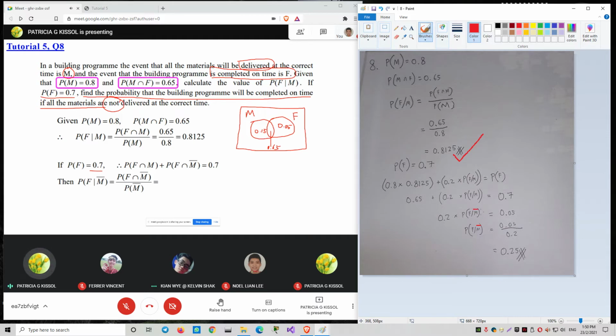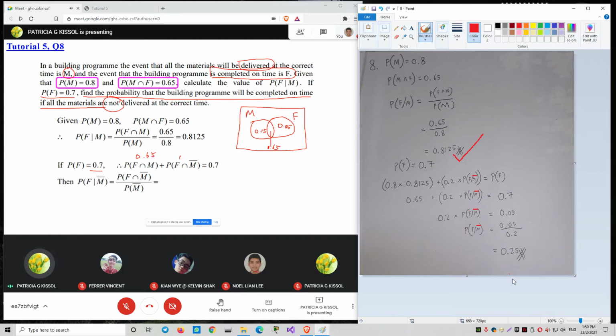So from here, F and not M, you can see here, in order to identify this value, we know this is 0.65, right?